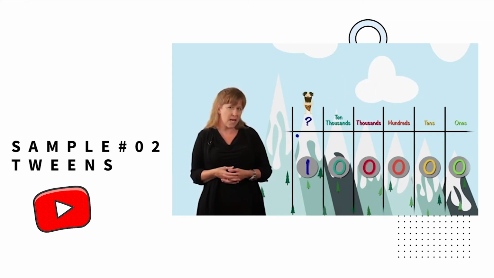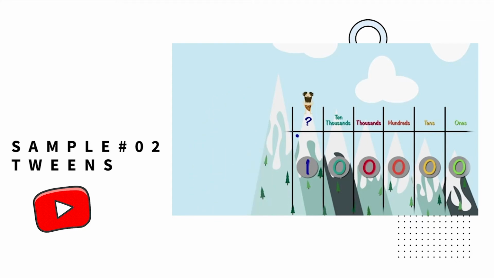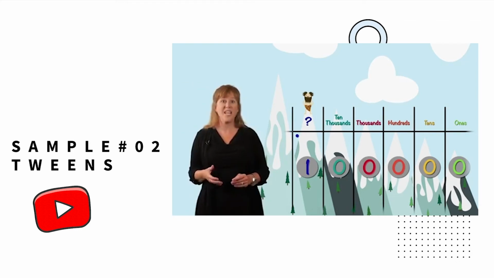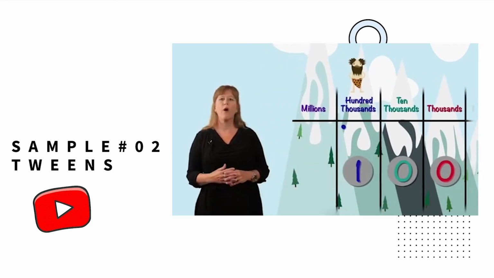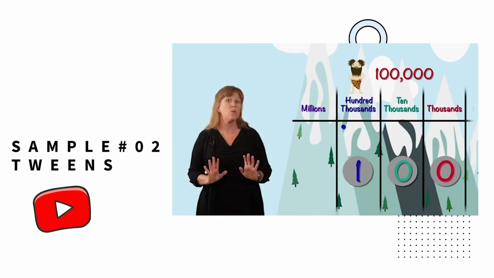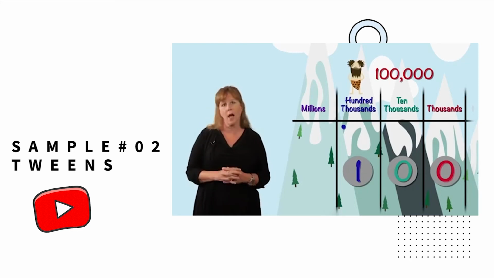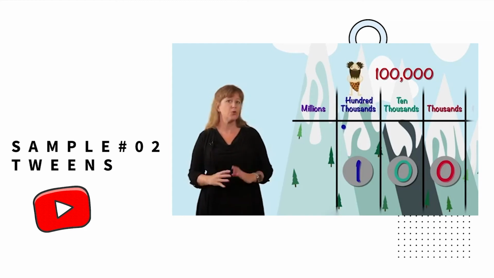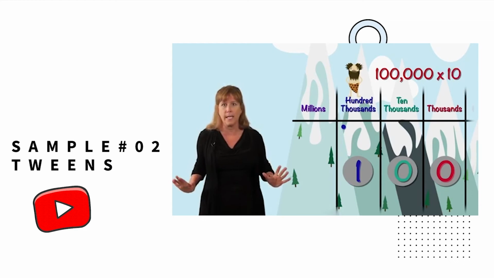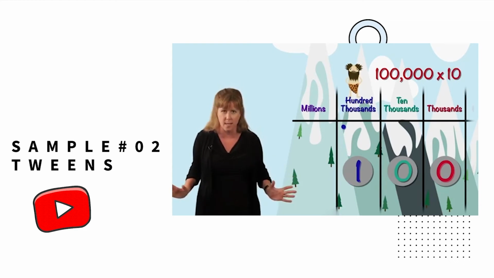What do you think comes next? After 10,000s comes 100,000s. Right now we're at 100,000s, and we can see 1 million is one column away. Before we jump up there, can you choose the number sentence that represents the death-defying leap Kevin is about to make?